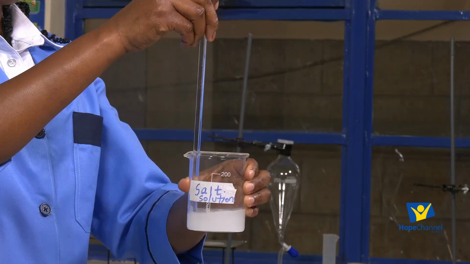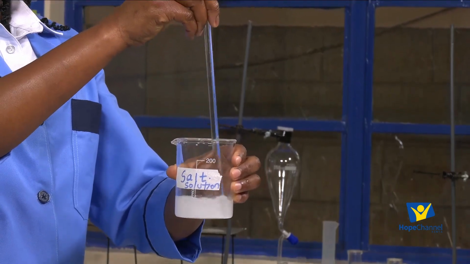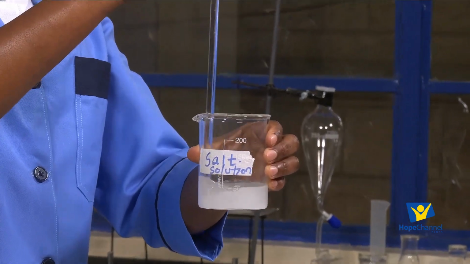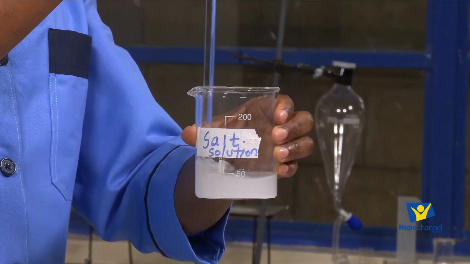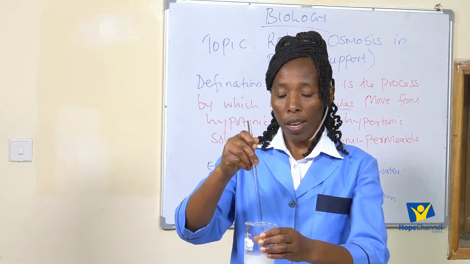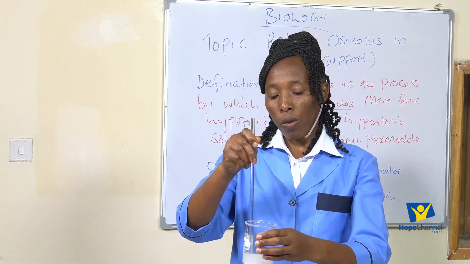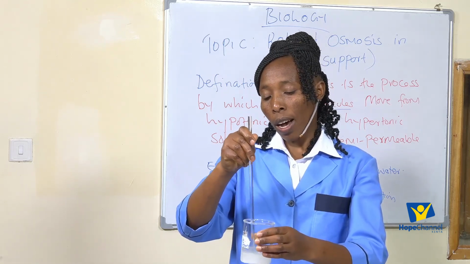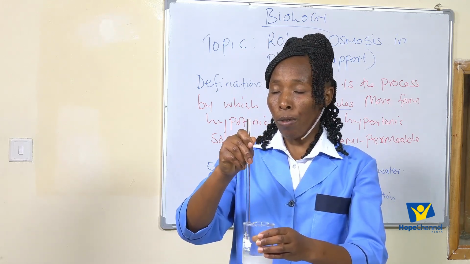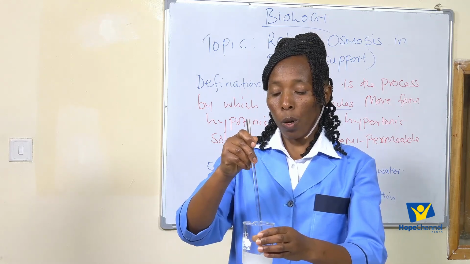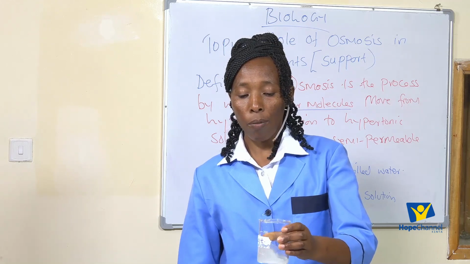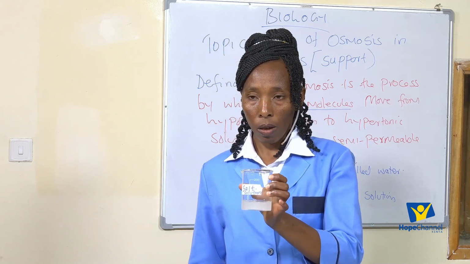And we said a hypertonic solution is a solution that has more solute molecules and less solvent molecules. In any solution, usually we have a solute and a solvent. In my case, I've used salt as the solute, and water is the solvent. So now I have prepared salt solution.